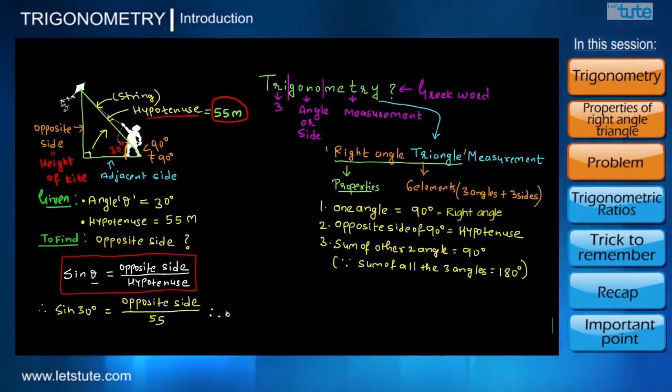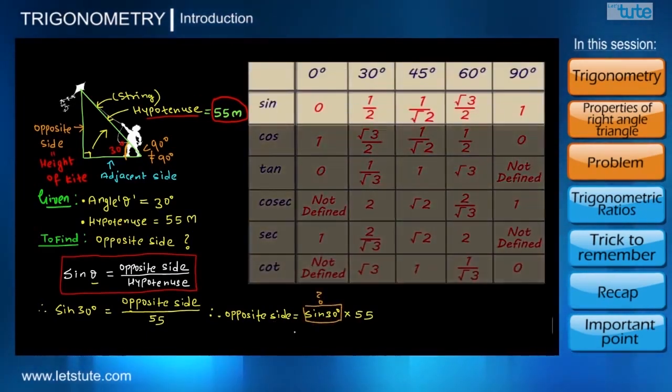And therefore, the opposite side will be equal to sin 30 into 55. Now, to know the height, that is the opposite side, I should know the value of sin 30 degrees. Thus, by knowing the following table, we can know the value of sin 30, which is equal to 1 upon 2.